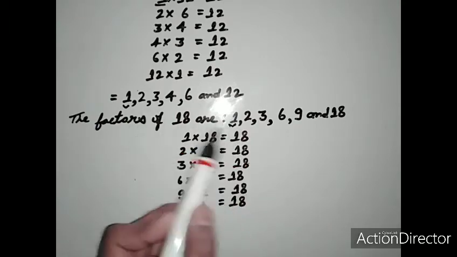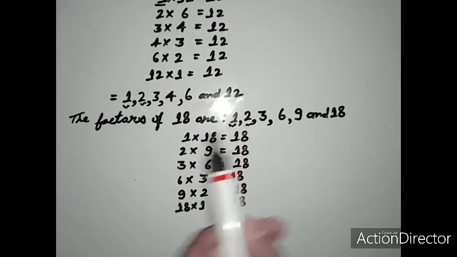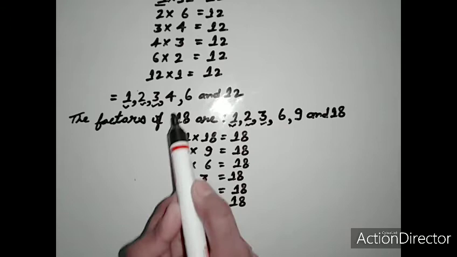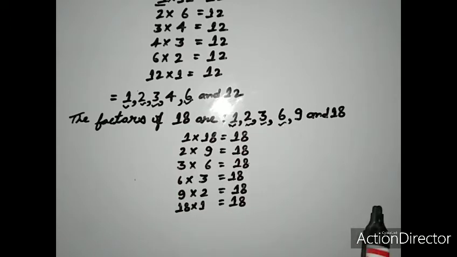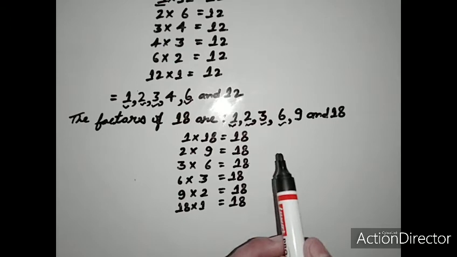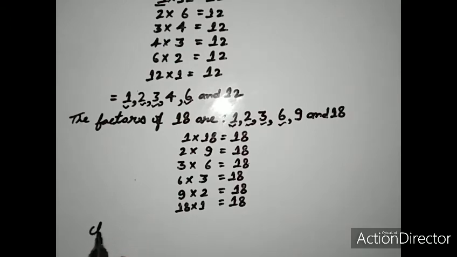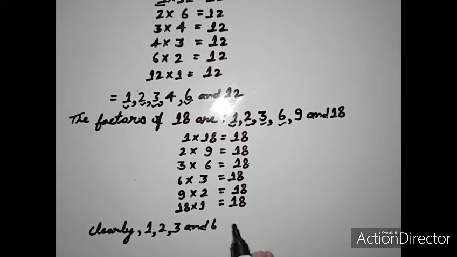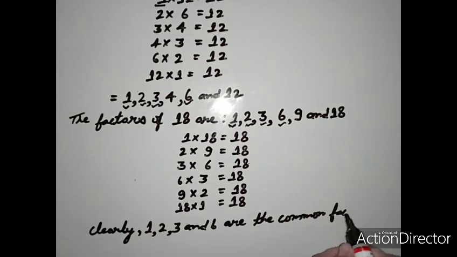So 1 is common in both factors, then 2, then 3, then 6, and no other factor is common here. So we write clearly: 1, 2, 3 and 6 are the common factors of 12 and 18.